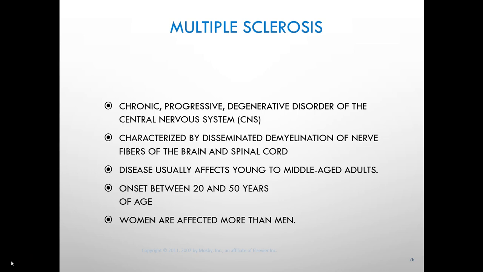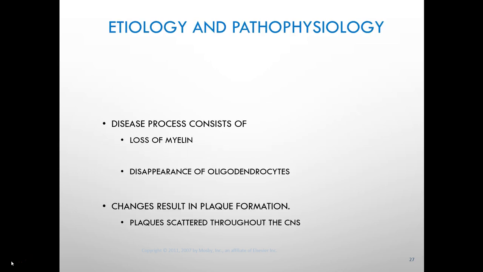Characterized by demyelination of the myelin sheath, which is what covers the nerve endings, so it damages that. The disease usually affects middle-aged adults, mostly young men and women from age 20 to 50 years of age, like your stepdaddy. Women are affected more than men.